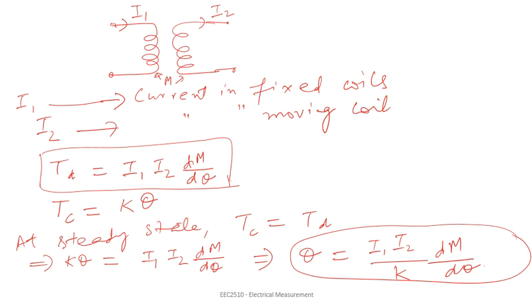So we can also say that the deflecting torque is proportional to the product of two currents. We are already seeing here that the deflecting torque is proportional to the product of two currents, and if the same current flows through the field coil and the moving coil, then the deflecting torque will be proportional to the square of the current.